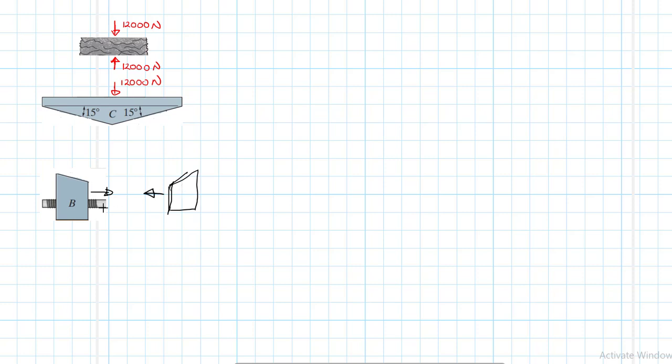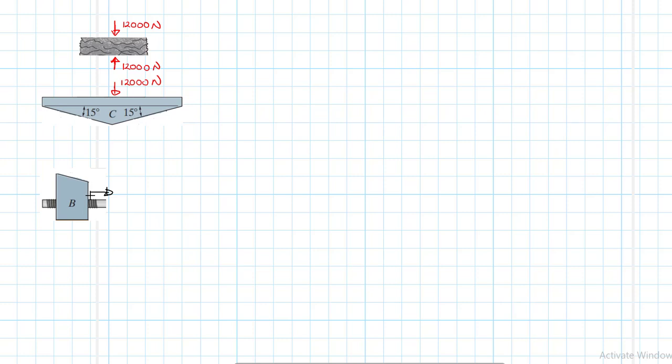As this is happening, this triangular block is moving up, applying some compressive force. There's also another material on top here which is just rigid, so as this triangular block moves up, that material also applies some reaction force on the material. So this is basically what is happening.